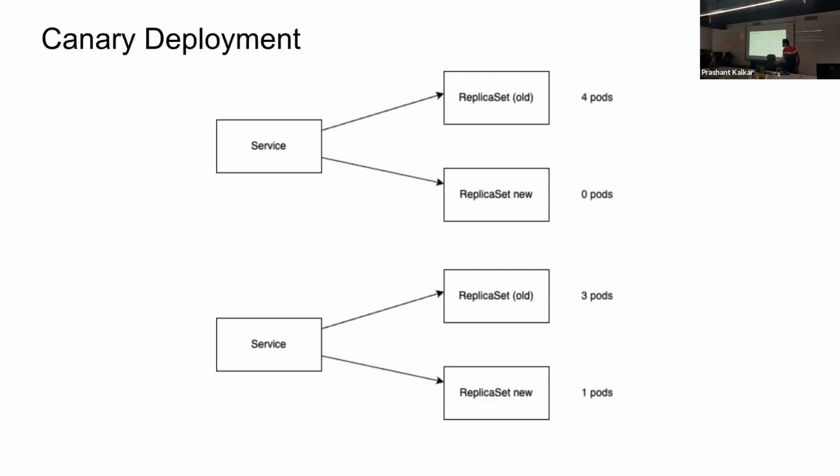In this case, you have the old replica set and the new replica set, all in place. You can see that there are 4 pods there, and there is nothing here, so no traffic is going here. The service is the same, and then you do the rolling manually, a few pods at a time.